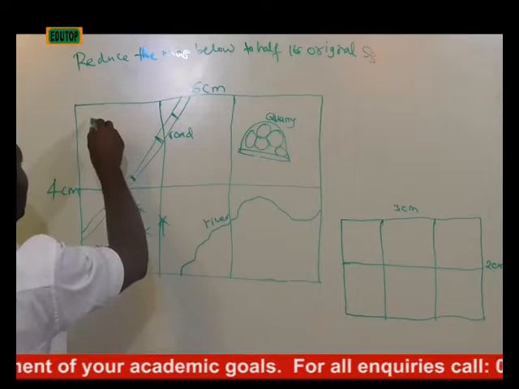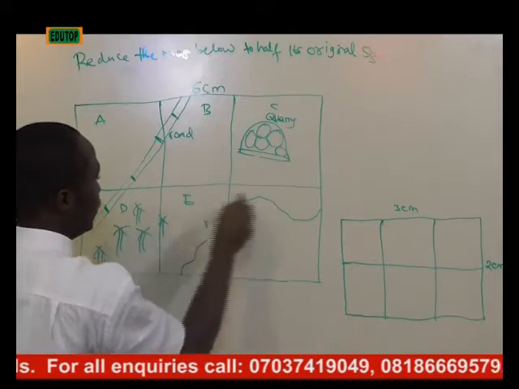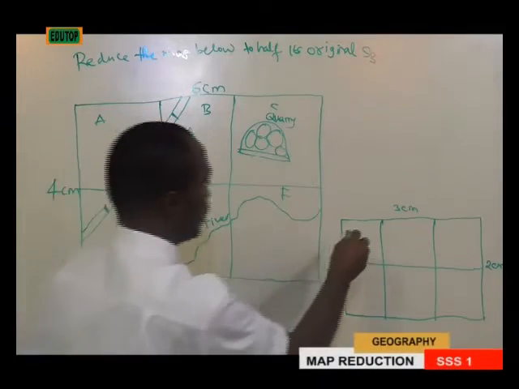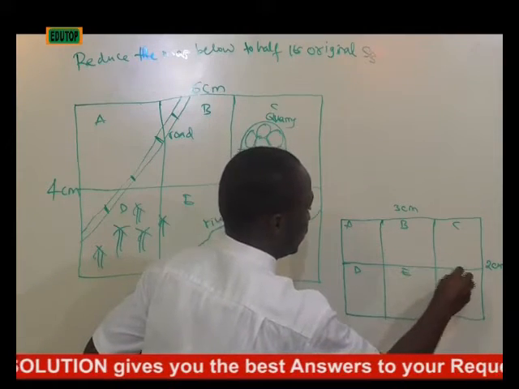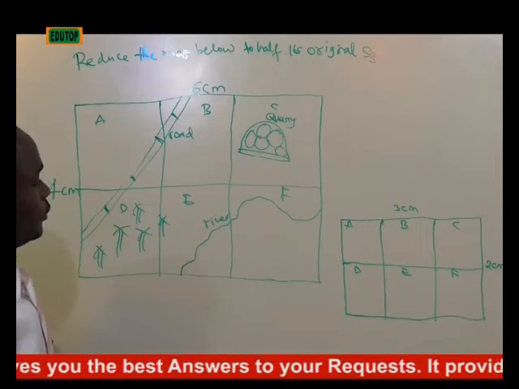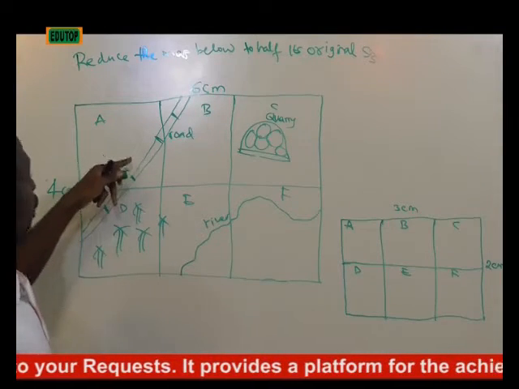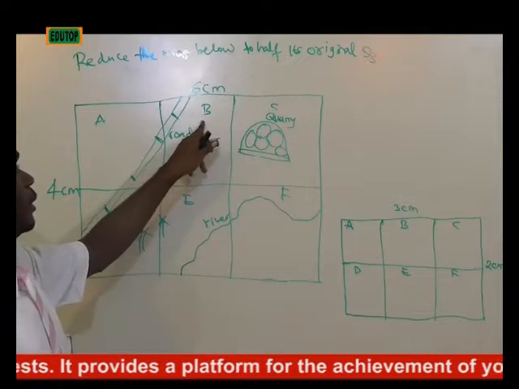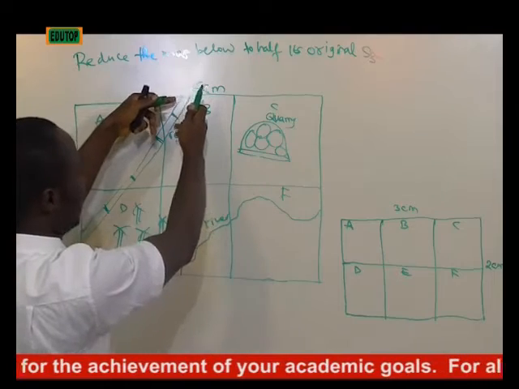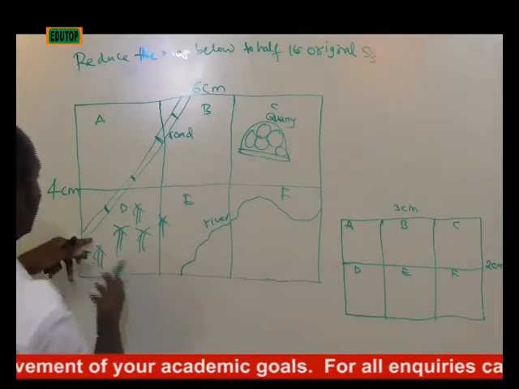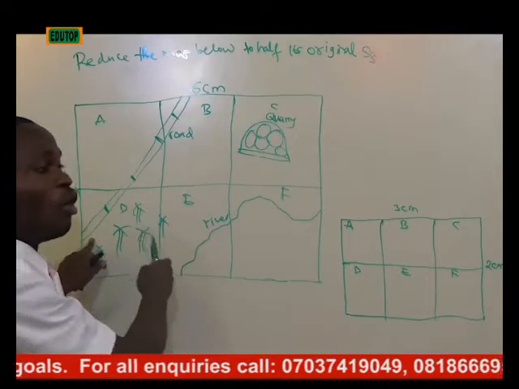You may decide to label the grids A, B, C, D, E, and F. You do the same thing here: A, B, C, D, E, and F. So, you see that the feature here is running from grid B. From this area of grid B, it cuts across A up to D. So you follow it just the way it appears on the original map.